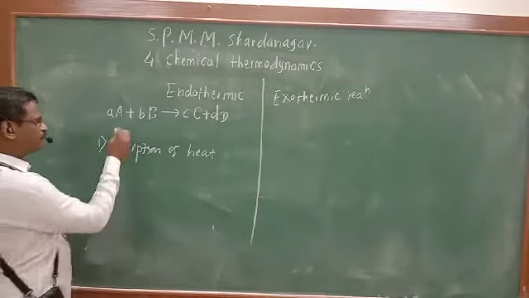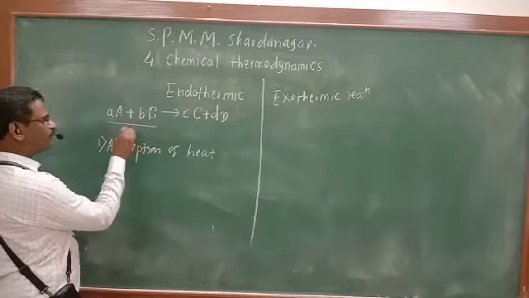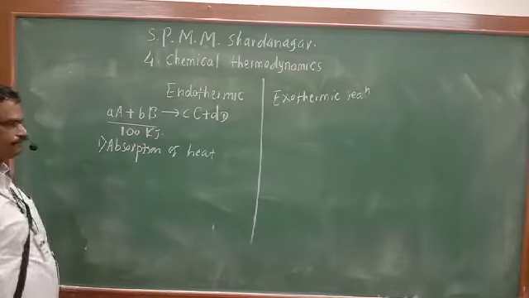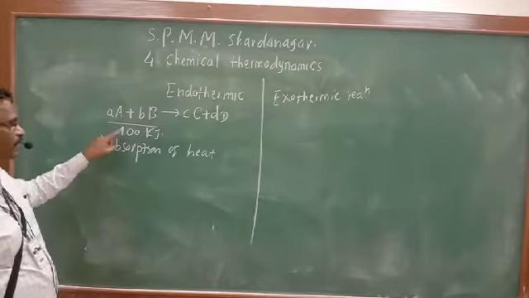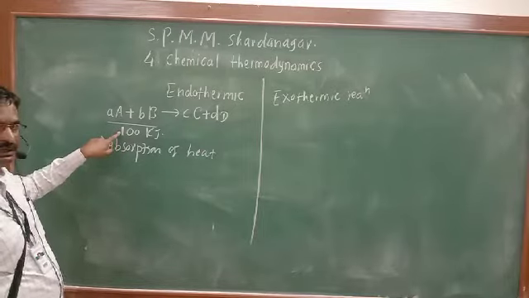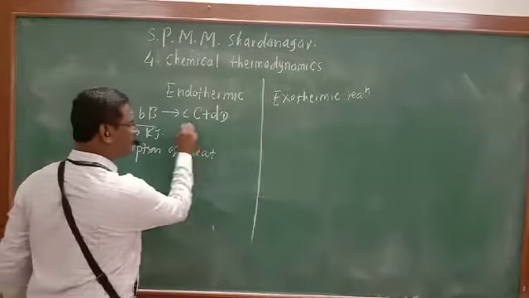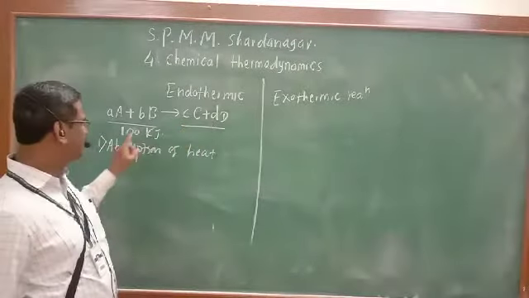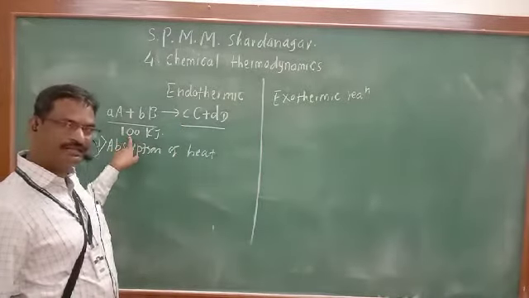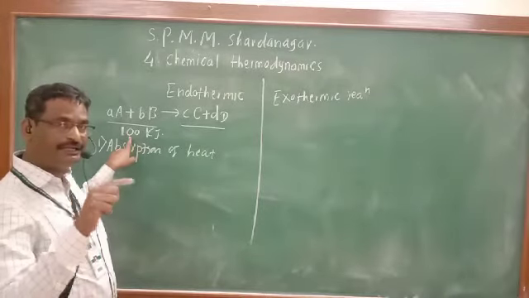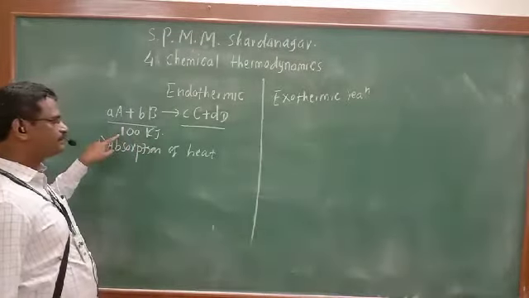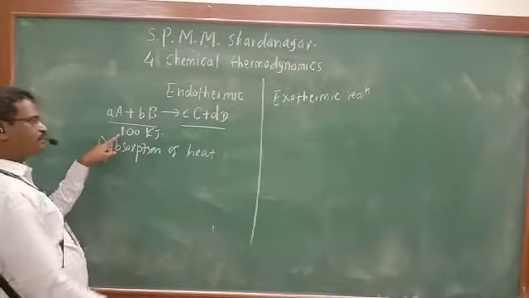Let us consider the enthalpy of these two reactants is equal to 100 kilojoule. They absorb heat and they are converted to product. So what is the enthalpy of these two products? Is it greater than 100 or less than 100? It is greater than 100 because these reactions take place with absorption of heat.